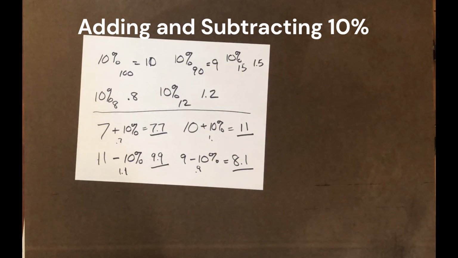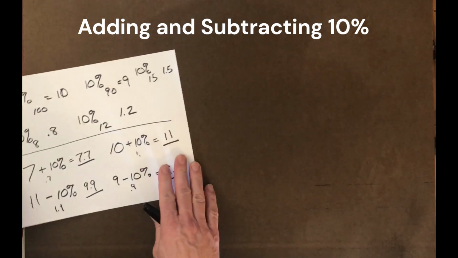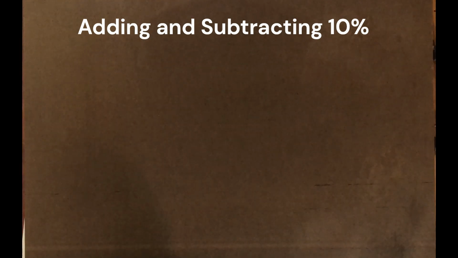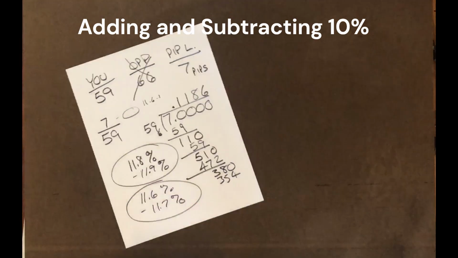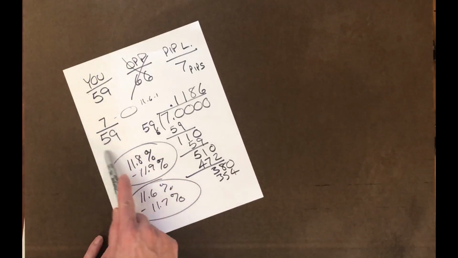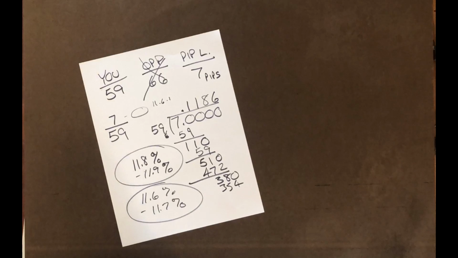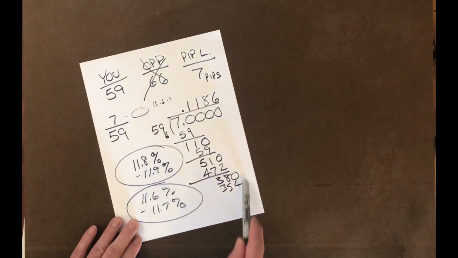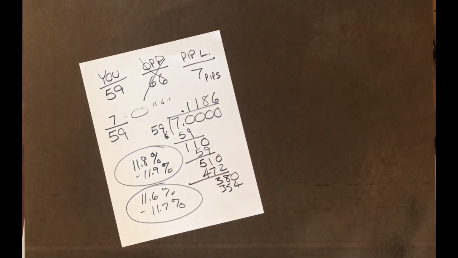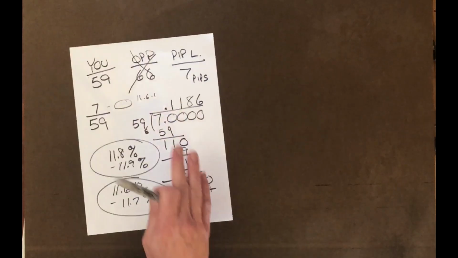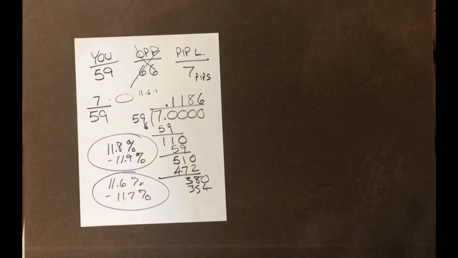What are we actually doing with this? What good does this do us? Well, if you remember our fun example here, where we had a 7 pip lead and 59 on our pip count, and we did this to get our answer. Now, it did give us the answer, but what does this actually represent?